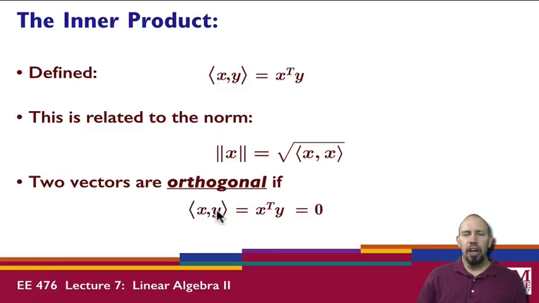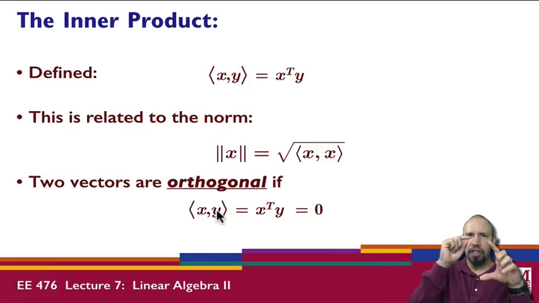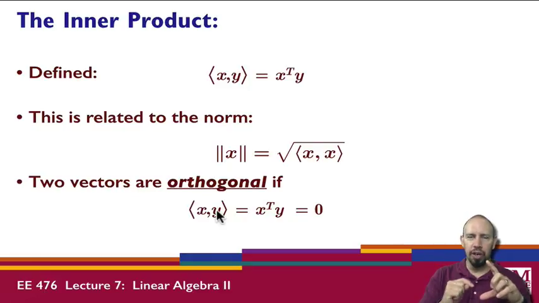Okay, it's not hard to show this. We can, for example, use a 3-dimensional vector. In terms of the axes x, y, and z, a unit vector in the x direction would be 1, 0, 0, right? A unit vector in the y direction would be 0, 1, 0.